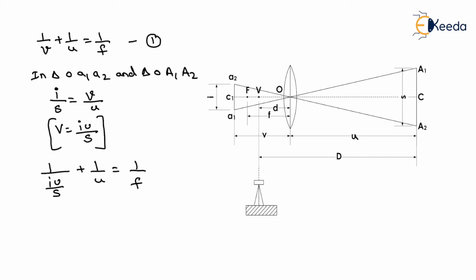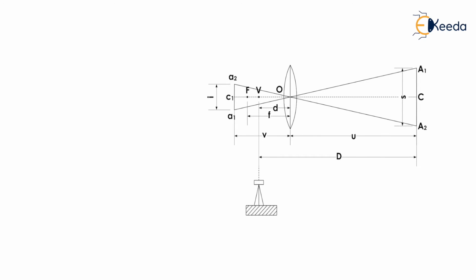Now by rearranging this we will get 1 by u as common, and in bracket there will be S by i plus 1 is equal to 1 by f. On solving this we will get the value of capital U equal to (S upon i plus 1) into f.